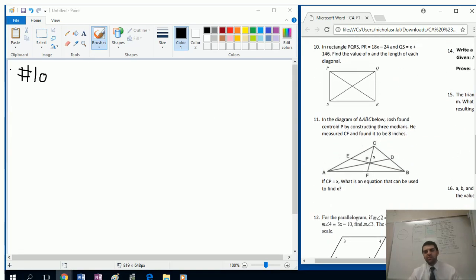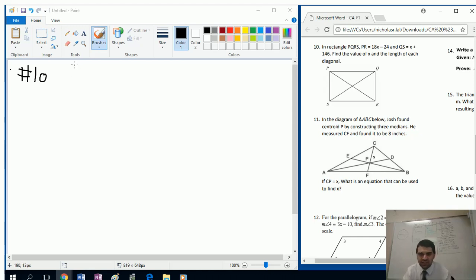Number 10, in rectangle PQRS. Sorry, let me adjust something here. Okay. Rectangle PQRS. PR is 18x minus 24. QS is x plus 146.